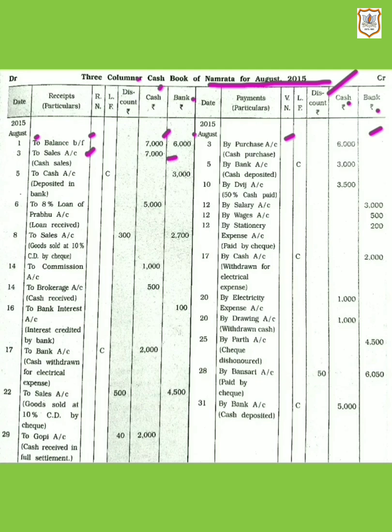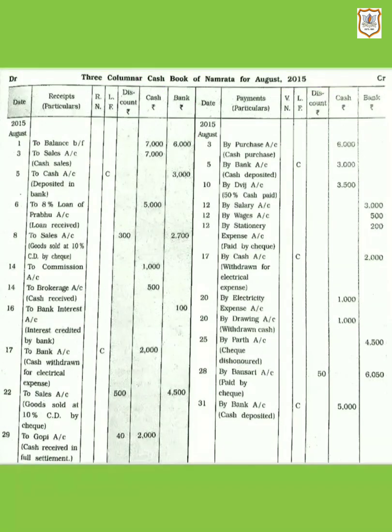Now, date 5th. Rupees 3,000 is deposited in the bank. This is the case of a contra transaction. Now, as cash is being deposited in the bank, that means our cash balance is reduced. So we will record it on the payment side of the cash book in the cash column, that is 3,000.